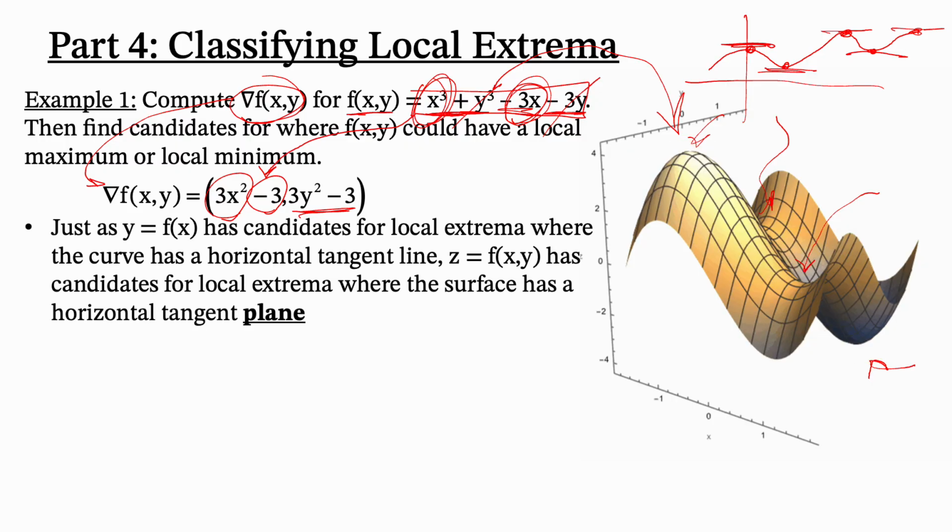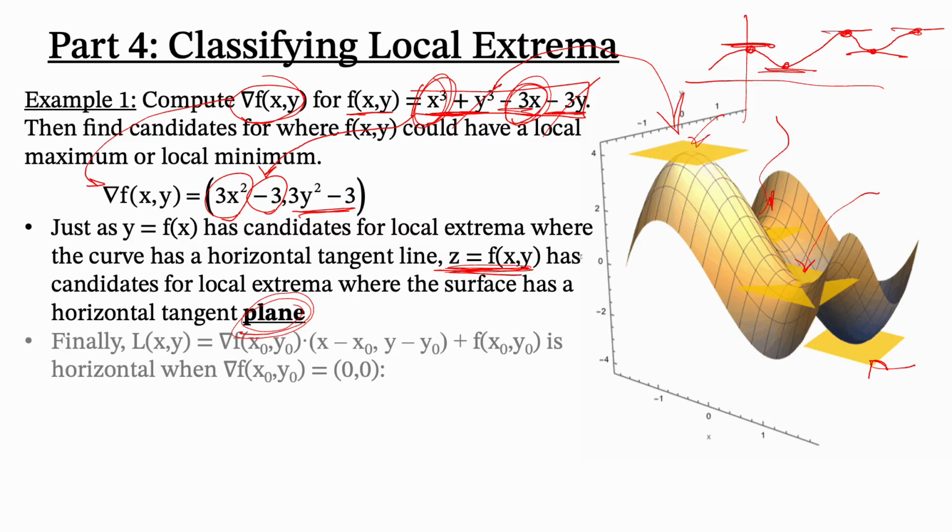Now, remember that just like in Calc BC we have candidates for local extrema where we have a horizontal tangent line, in this case we need to figure out where z equals f of x,y has candidates for local extrema: where the surface has a horizontal tangent plane, just like I was showing you in the animated GIF.